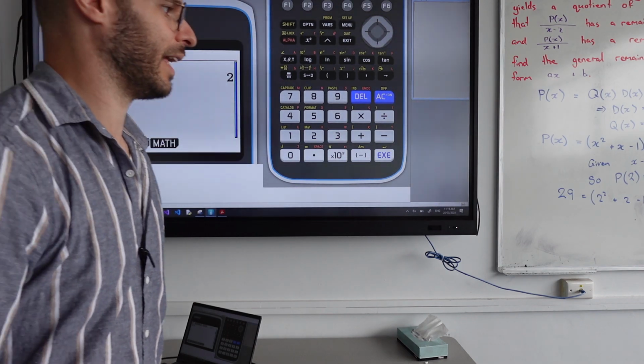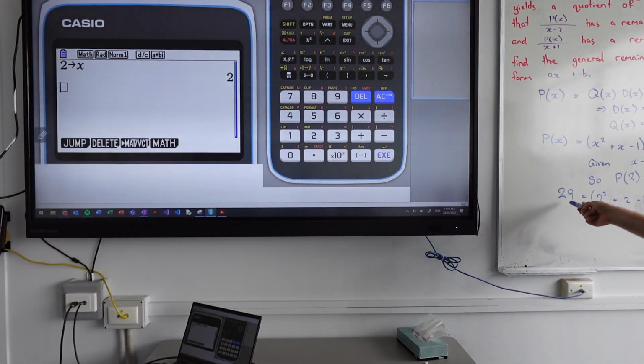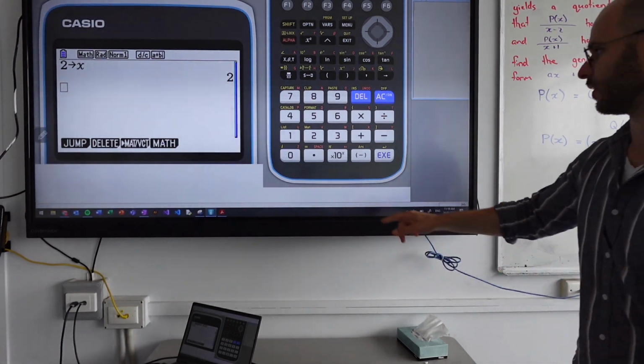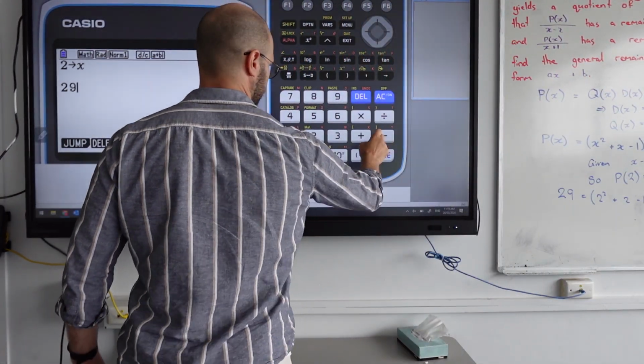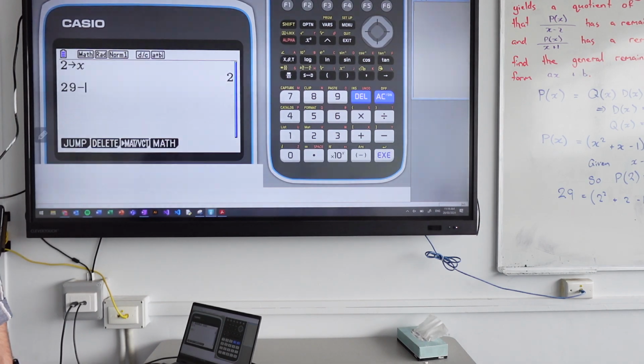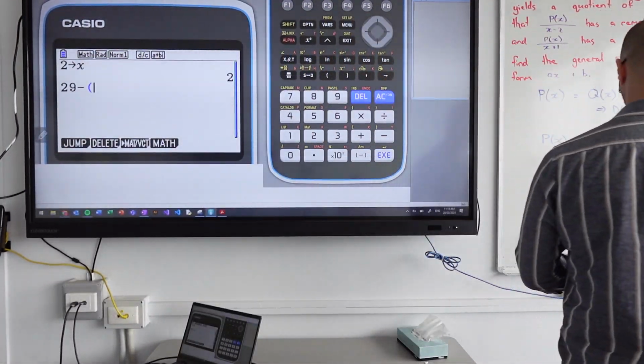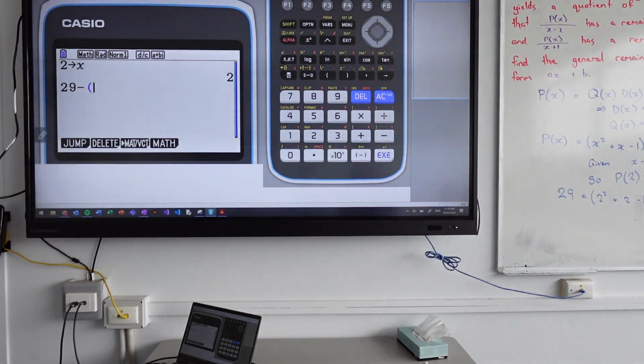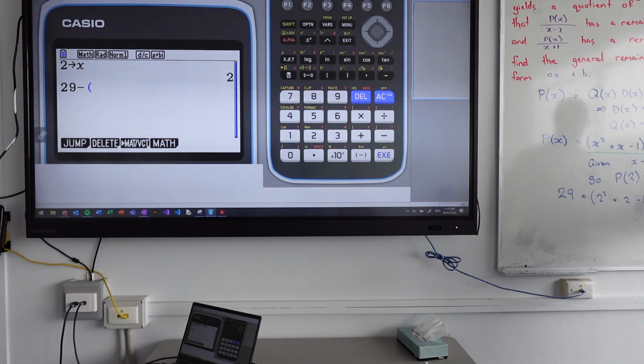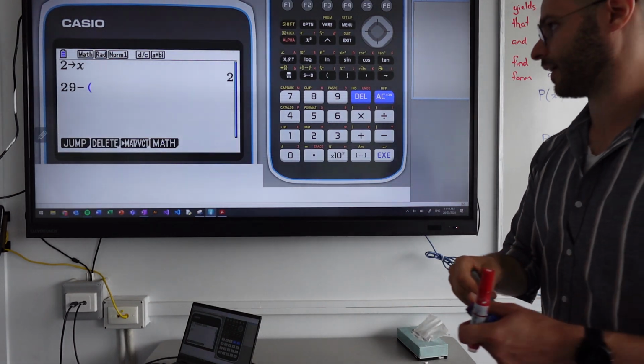Next, on the left-hand side of my equation, I have 29. So I'm going to go 29, subtract. Then in the brackets, I'm just going to key that part into the calculator.